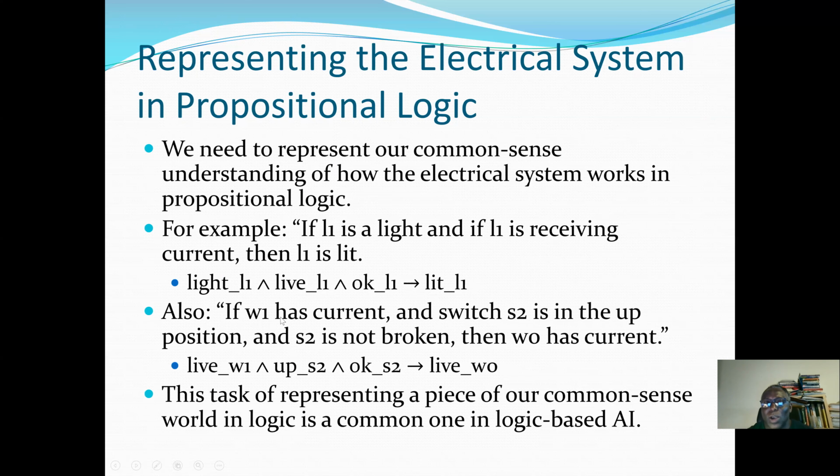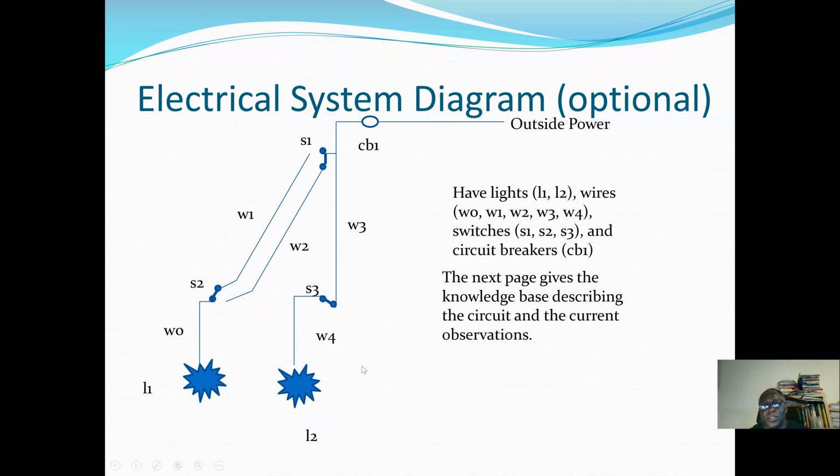Also, if W1 has current and switch S2 is in the up position, and S2 is not broken, then W0 has a current. This means the switch is on, and we can go back to the circuit. If switch S2 is on, there will be a current between S2 and L1, which is W0.